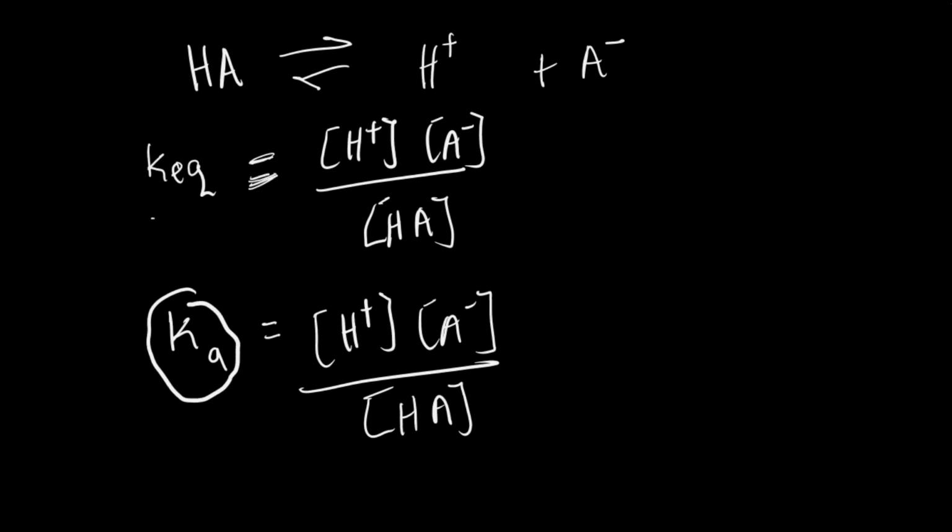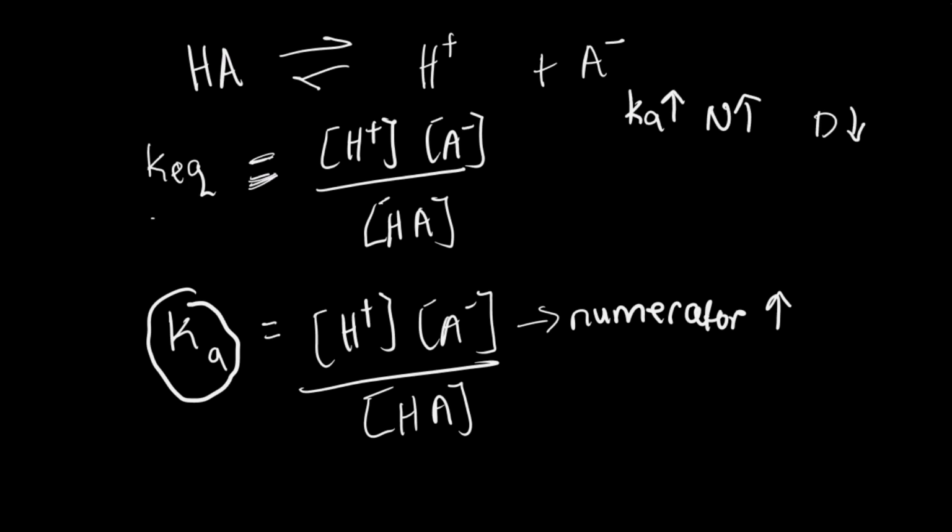Now, a large value of Ka implies that the numerator is larger than the denominator. So when Ka is high, it means that the numerator is high and the denominator is low.